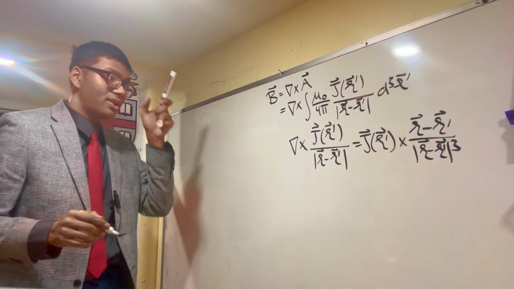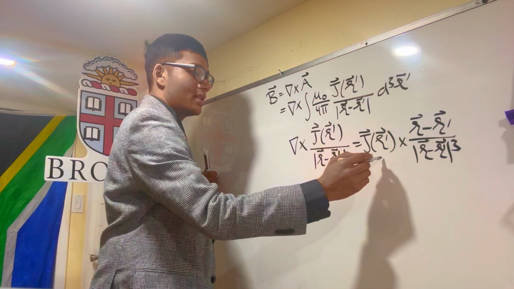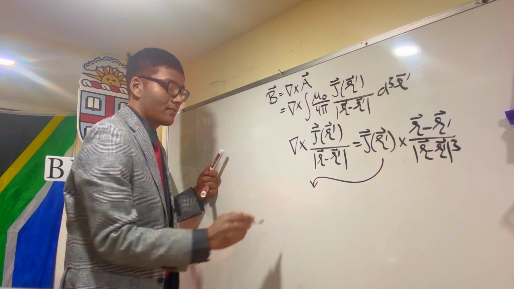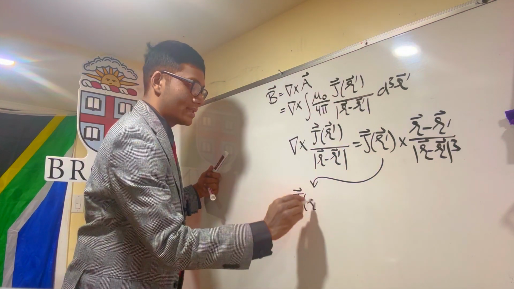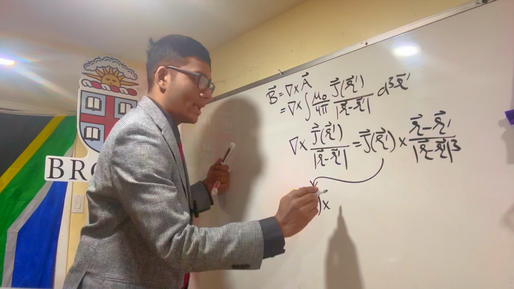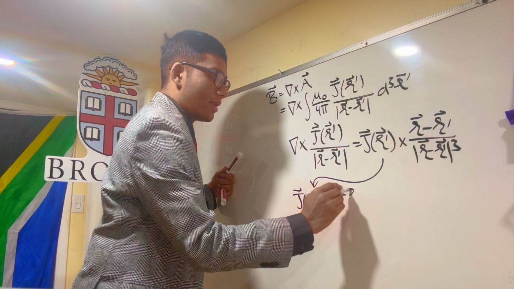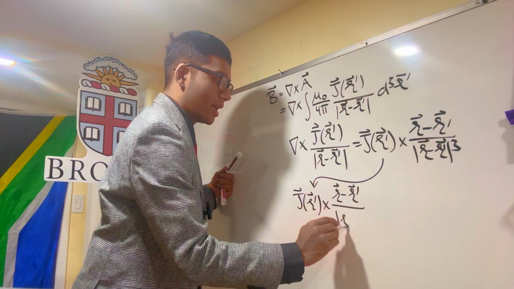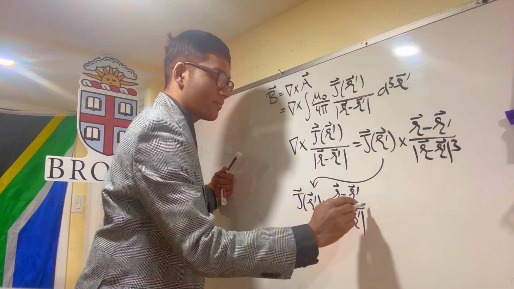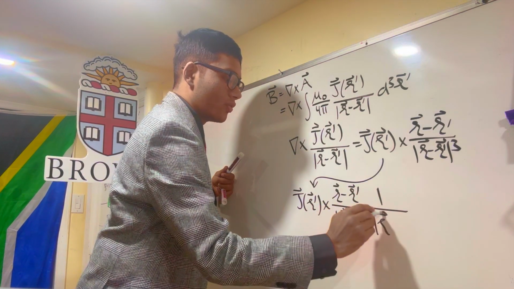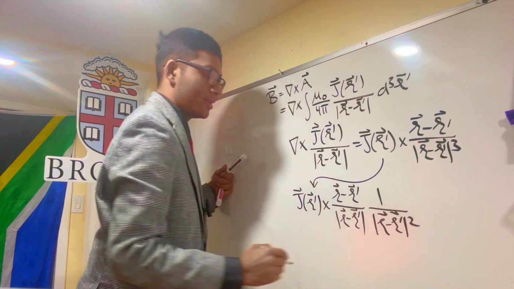This may look foreign to you, but it is not too bad. Let's rewrite that second term in the cross product as R minus R prime divided by the magnitude of R minus R prime, and then times 1 over R minus R prime squared.